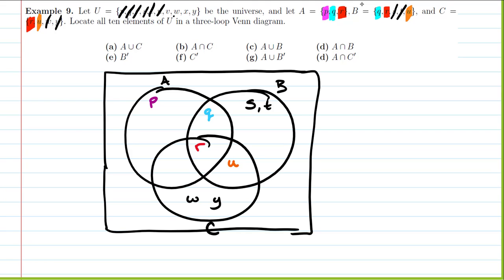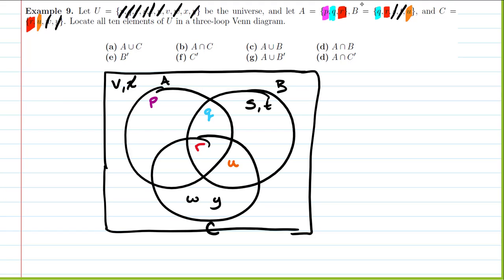They go here, W and Y. Well, what 2 elements have I not placed? The V and the X. They're in my universe, but they are not in any of the sets A, B, and C, so they're all out here.